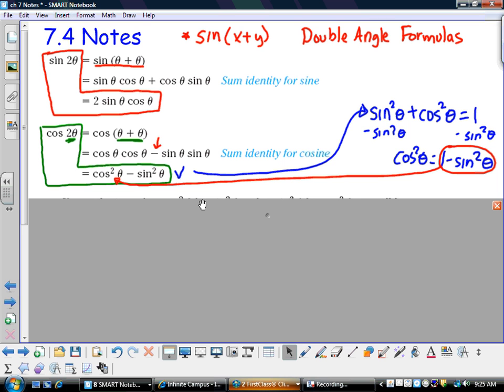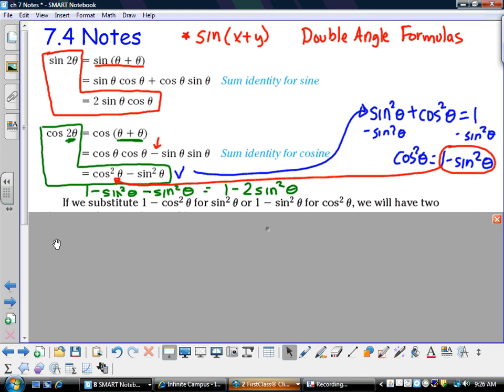Then I would get another double angle identity: 1 minus sine squared minus sine squared. And since I'm subtracting the sine squared twice, another way to say that is 1 minus 2 sine squared. So that's another version of the double angle identity for cosine.